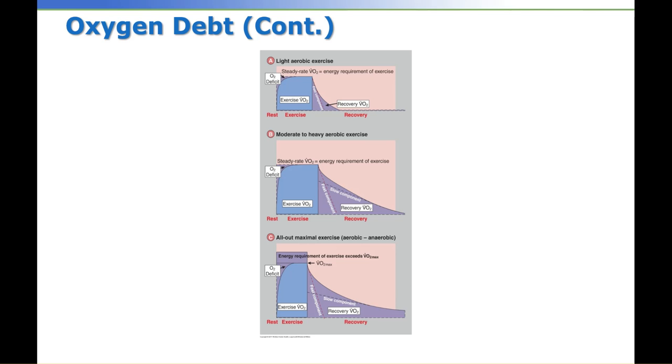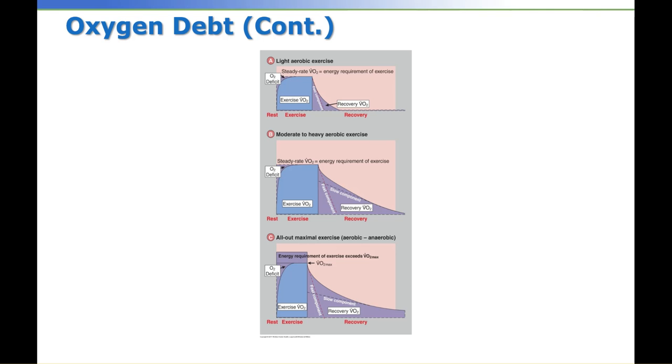It's on 184. It talks about how with light aerobic exercise, your exercise VO2 is reached, it's at the top at steady state, and when you're finished, you have this fast component and slow component of the recovery VO2, but the recovery is pretty rapid.